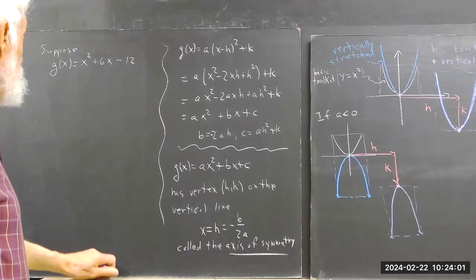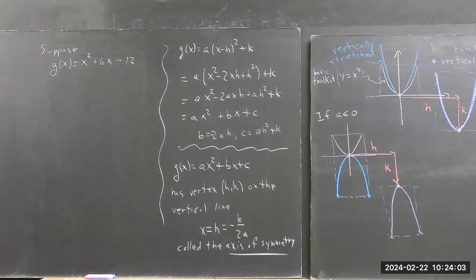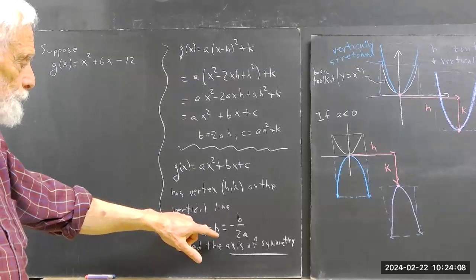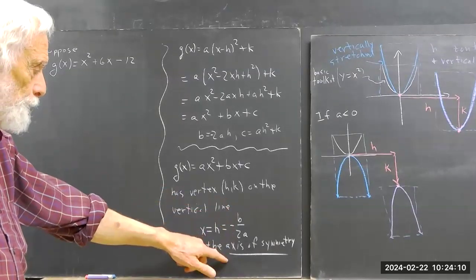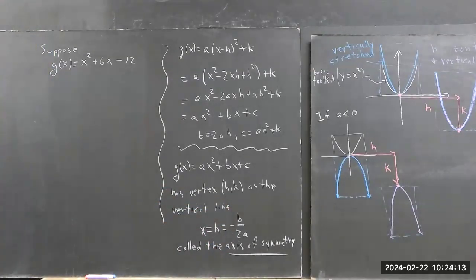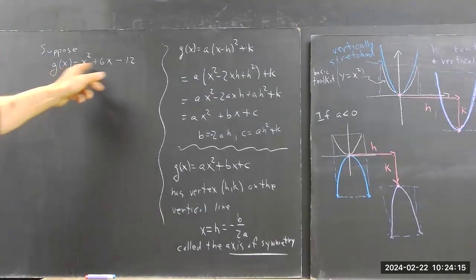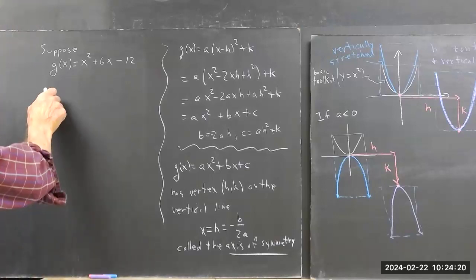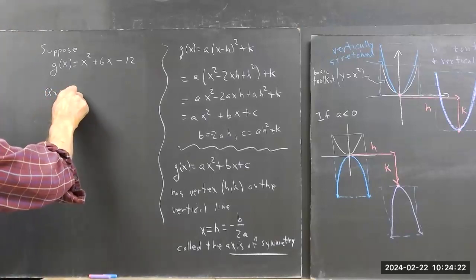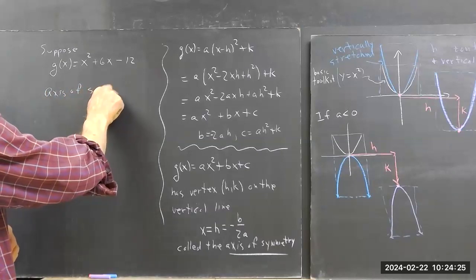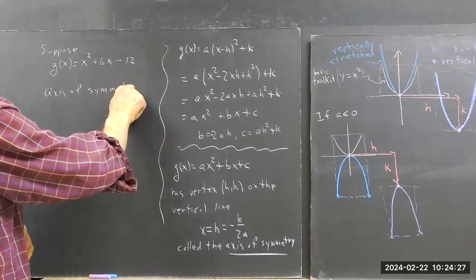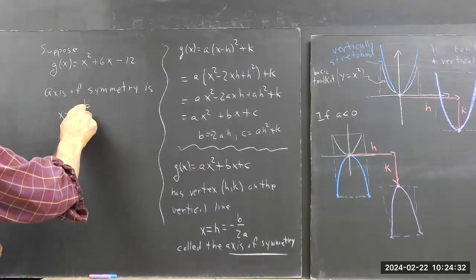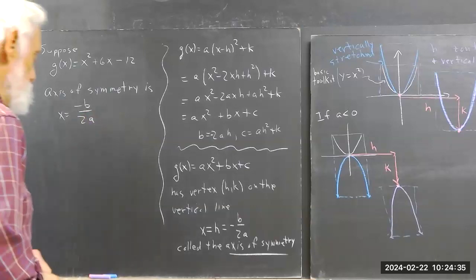So now, I'm going to stop a minute. Just take this. The vertical line x equals h equals negative b over 2a is your axis of symmetry. So for this function, what's negative b over 2a? I'll even write this out now. Axis of symmetry is x equals negative b over 2a.